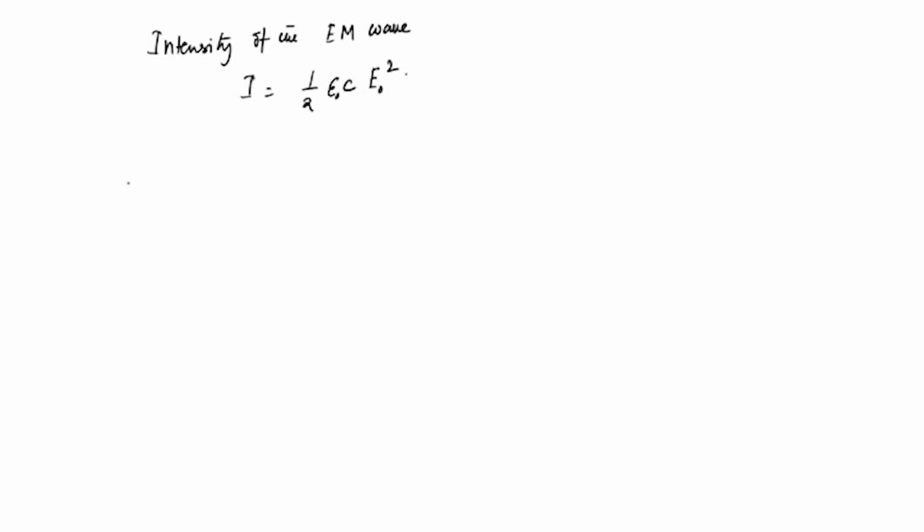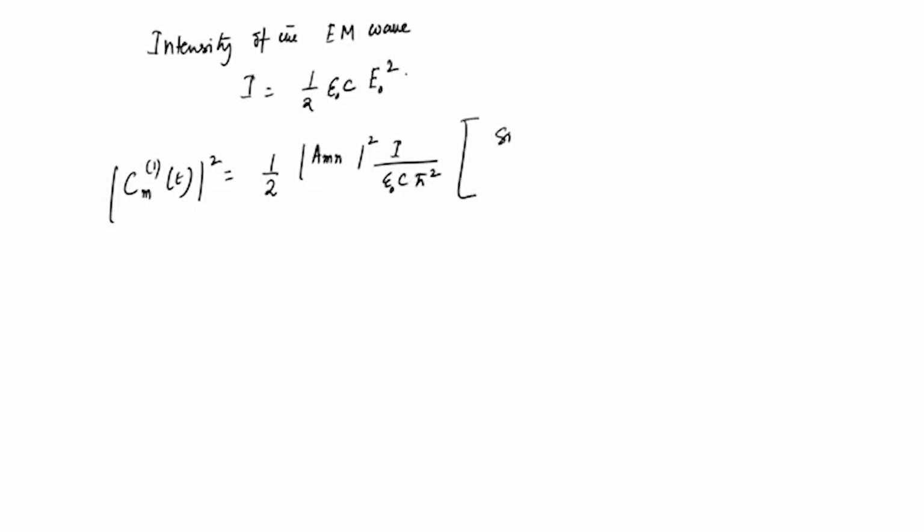So, if you want to write this as say C m1 T, this can be written in terms of all these quantities, which are half and then you have this A mn mod square, divided by epsilon 0 c h cross square, and this sine square beta by beta square, with this T 0 square over 4.